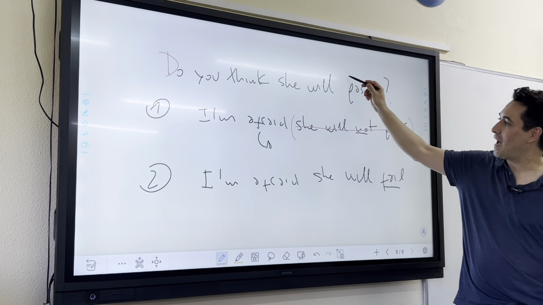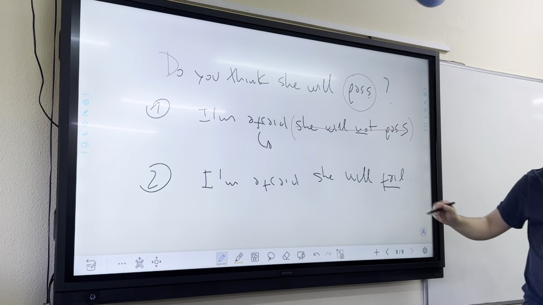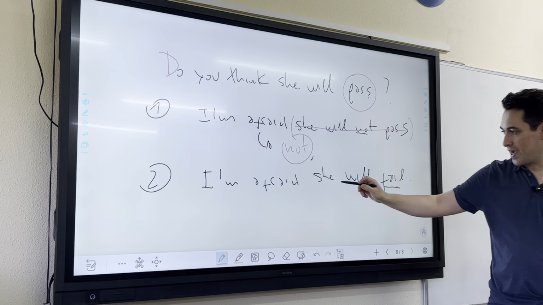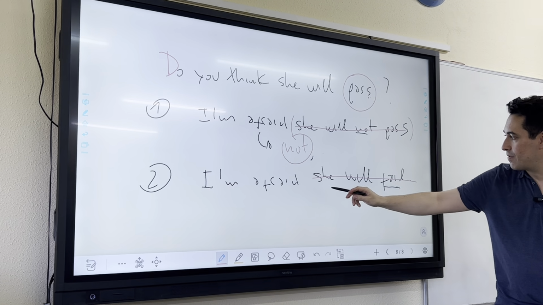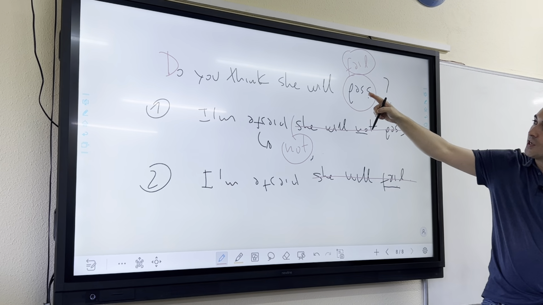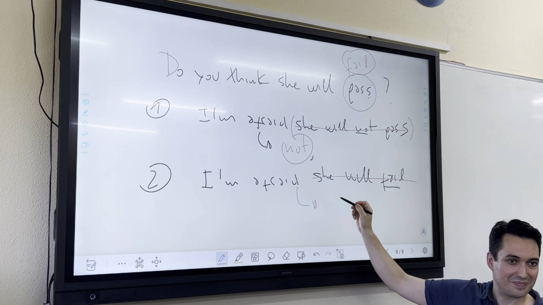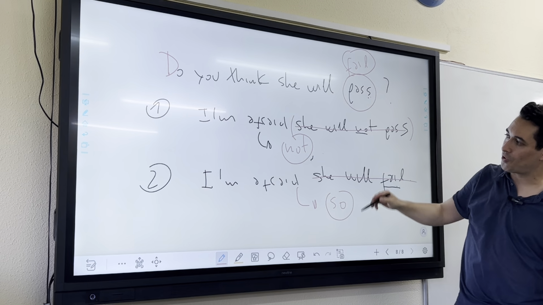Do you think she will pass? I'm afraid not. Okay, imagine that the question is, do you think she will fail? I'm afraid so. Okay, so also be careful with the corresponding verbs.